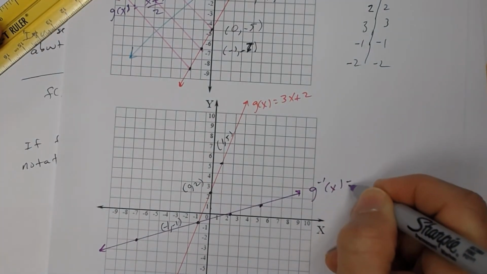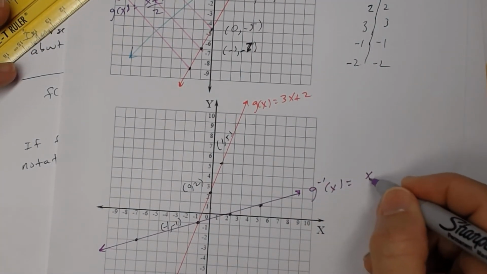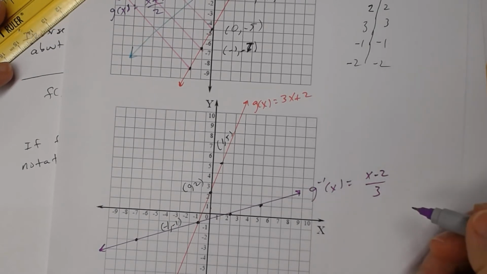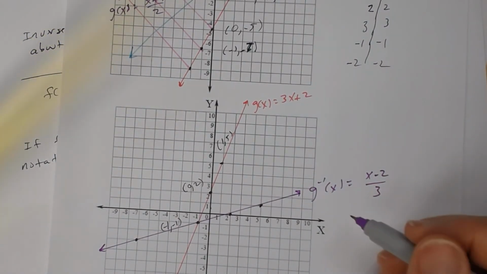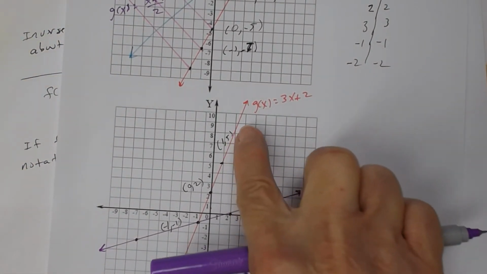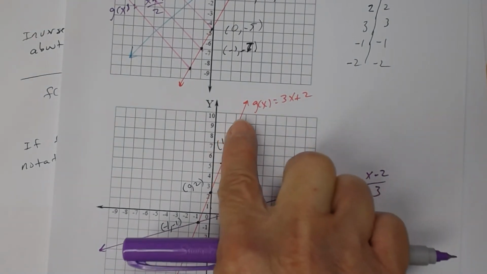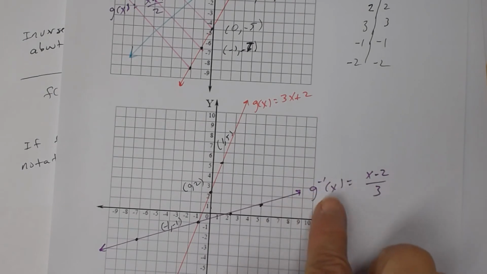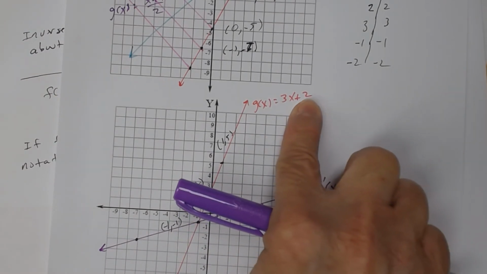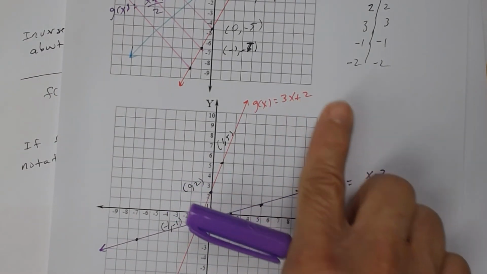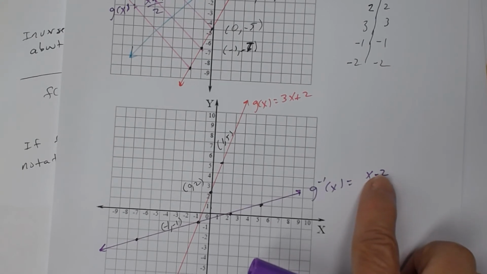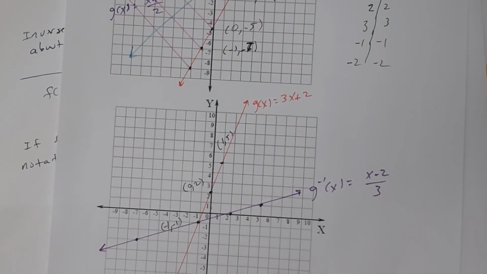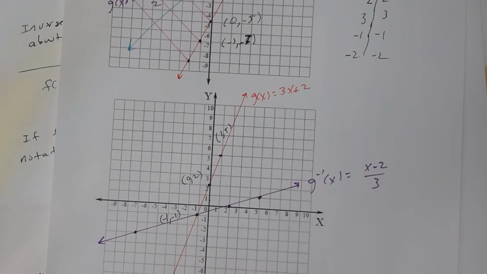So that's g inverse, which is (x - 2) divided by 3. All right, now remember we said this. We said that if two functions are inverses of each other, and they are, you can tell: multiply by 3, add 2, divide by 3, subtract 2. So subtract 2, divide by 3. They are symmetrical about what line?